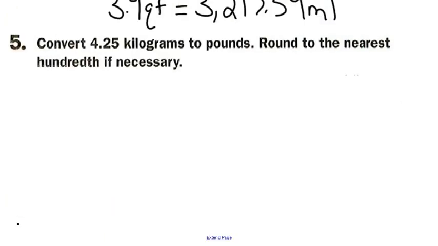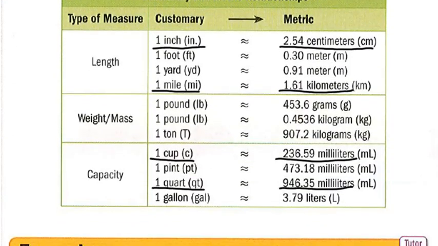All right, so 4.25 kilograms to pounds. This time we're going to round that to the nearest hundredth if necessary, which we've done before. So we're going kilograms to pounds. So back up to the good old chart, find kilograms, which is over here. 907.2 is equal to, oh, nope, that's for tons.